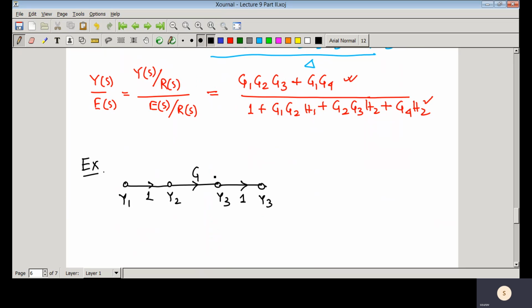Here this gain is G, and then suppose it has a self loop and its gain is GH.